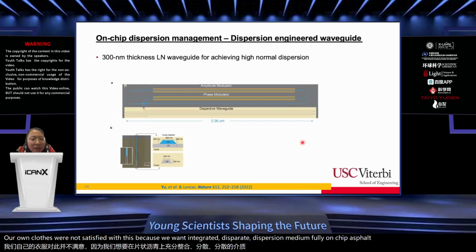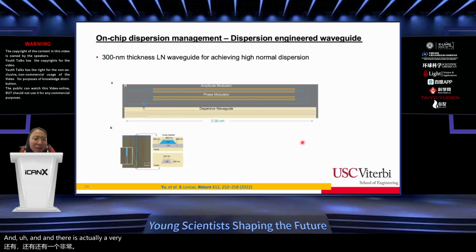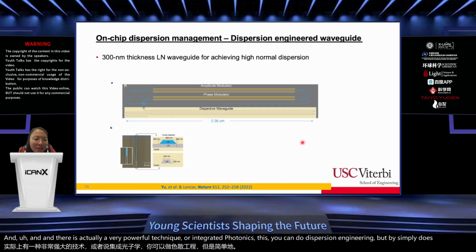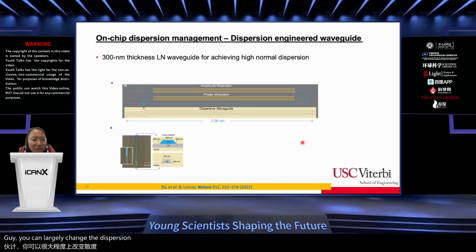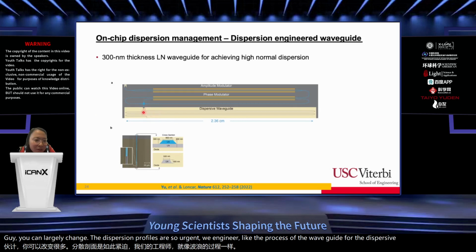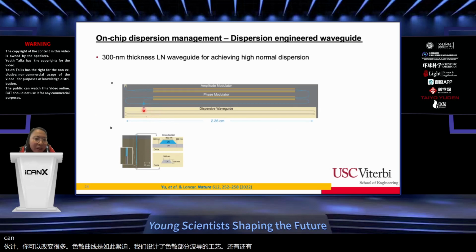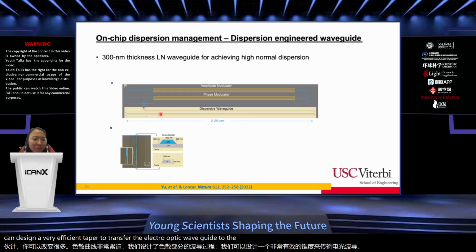There is a very powerful technique in integrated photonics: you can do dispersion engineering by simply tailoring the cross section of your waveguide. You can largely change the dispersion profile. We engineer the cross section of the waveguide for the dispersive part, and we design a very efficient taper to transfer from the electro-optic waveguide to the dispersive waveguide.